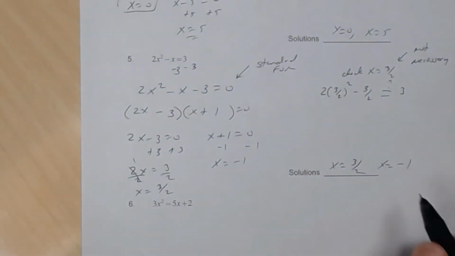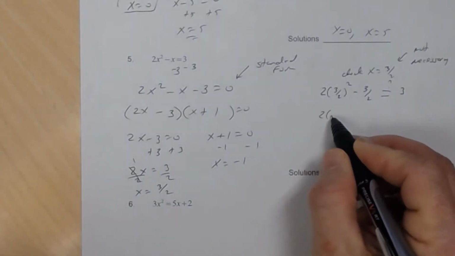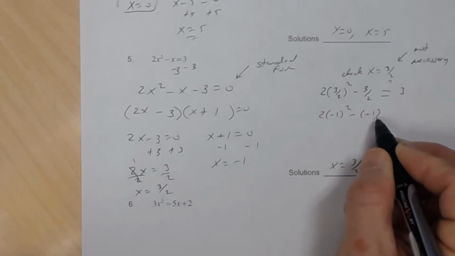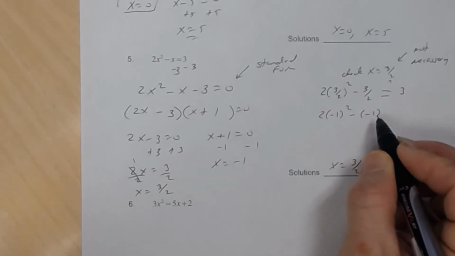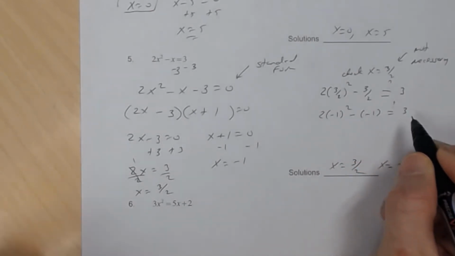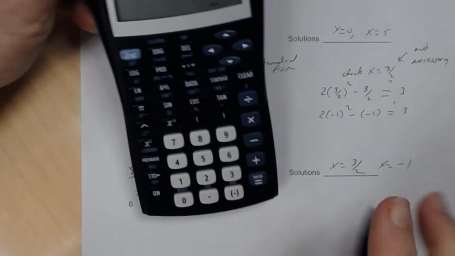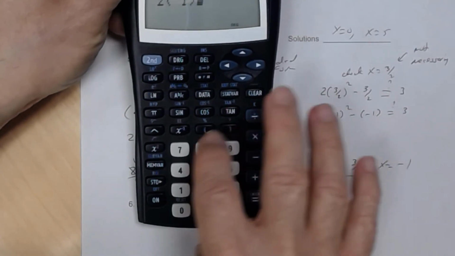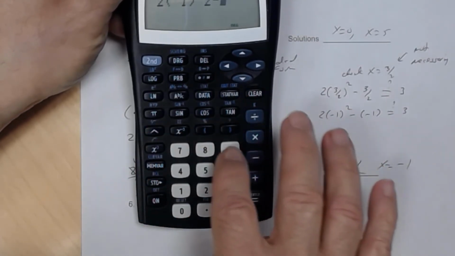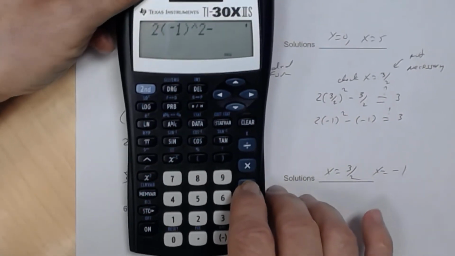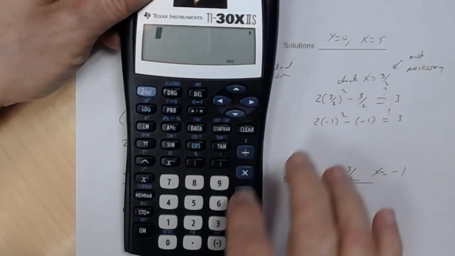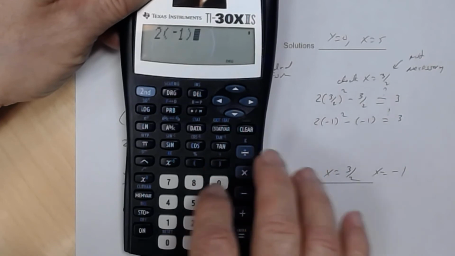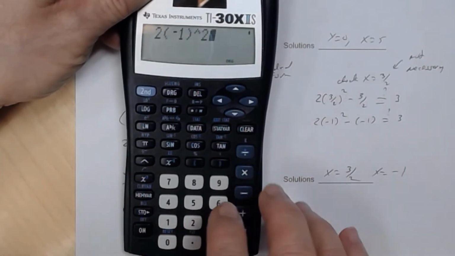You can do the same thing with negative 1. With negative 1, you would say 2 times, in parentheses, negative 1 squared minus a negative 1, just like this, okay? And you want to see that's equal to 3. All right, so let me do it again. 2 times negative 1, and I'm squaring it, right?